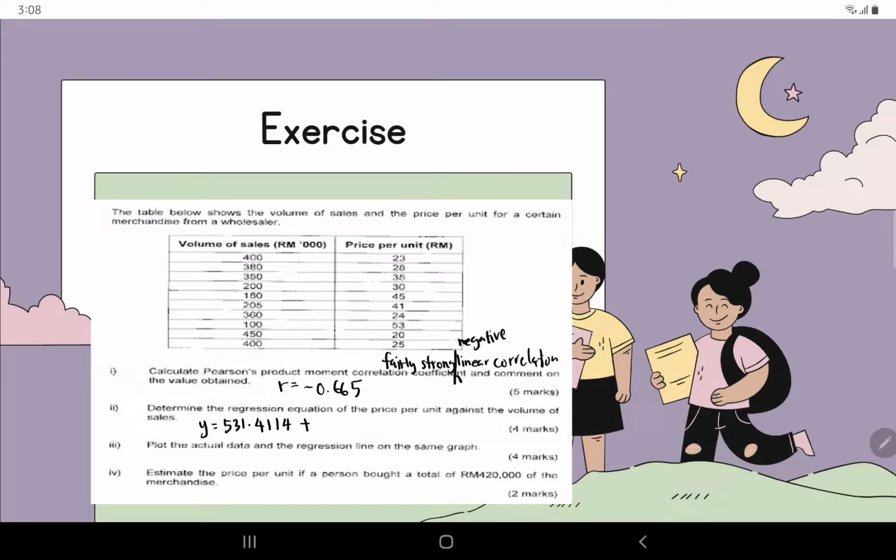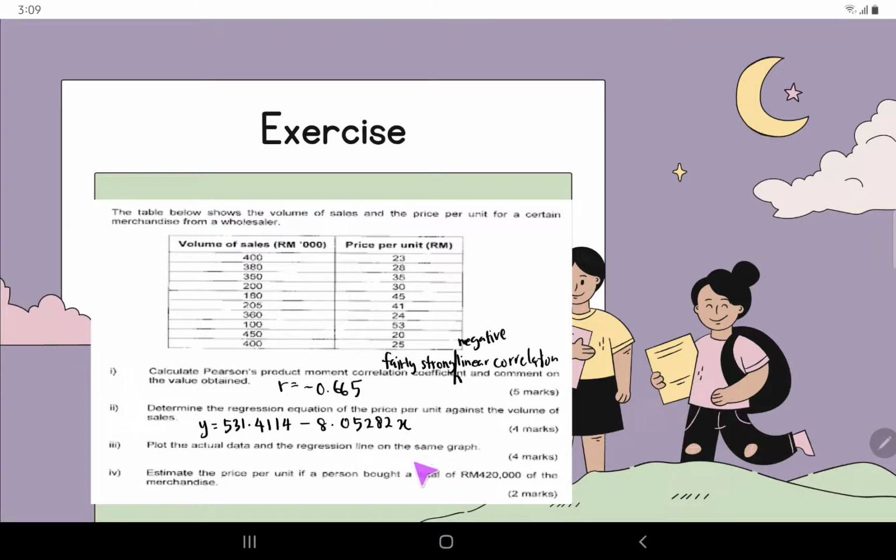Okay, b is negative. So negative 8.05282 x. This is our value of a, ini value of b. B dapat negatif.